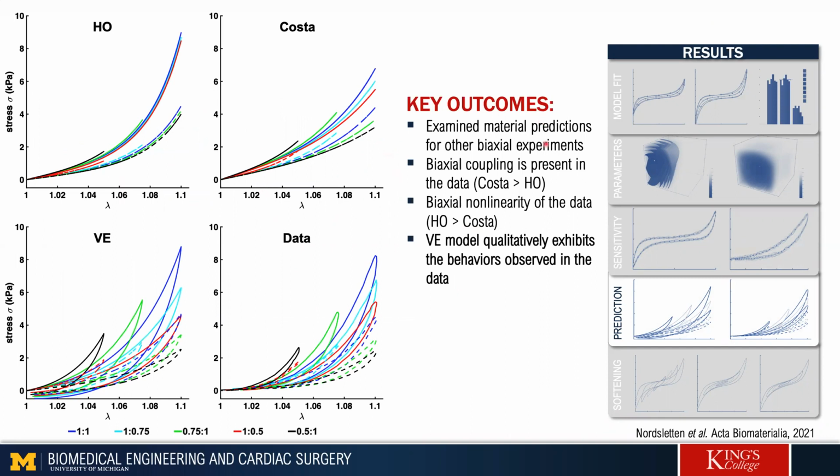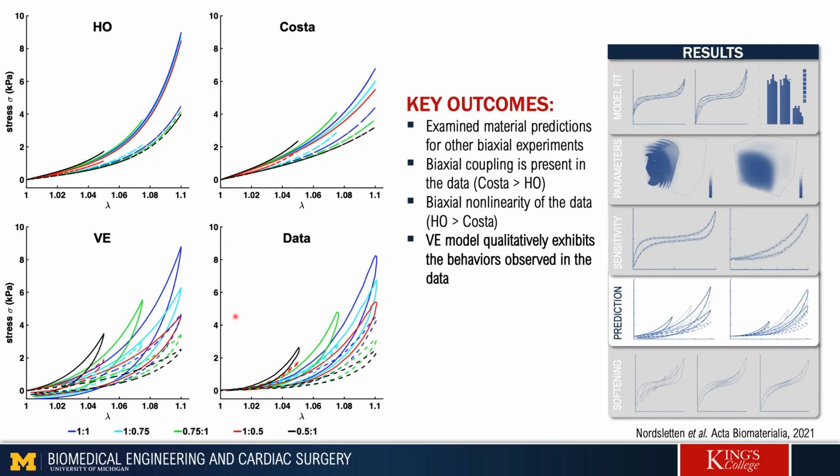One of the things that we looked at in this test was doing some predictions, and I think this is always a hard thing to do because a lot of times you have done all your experiments and you don't want to have to do more. But in this case, we were lucky that they did so many different experiments, so we could look at splitting the data sets.